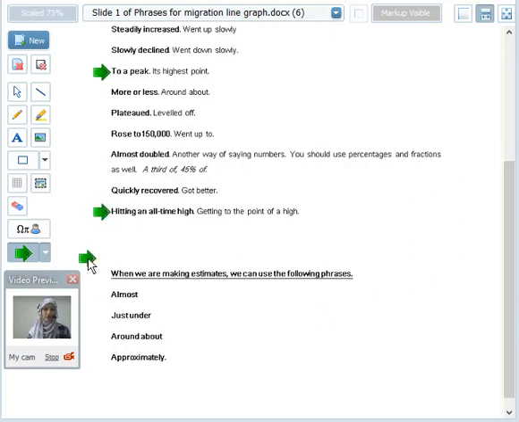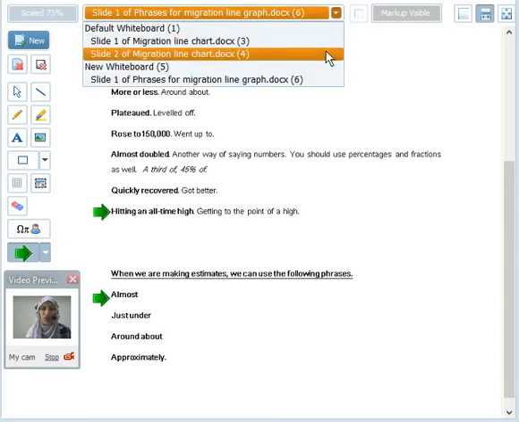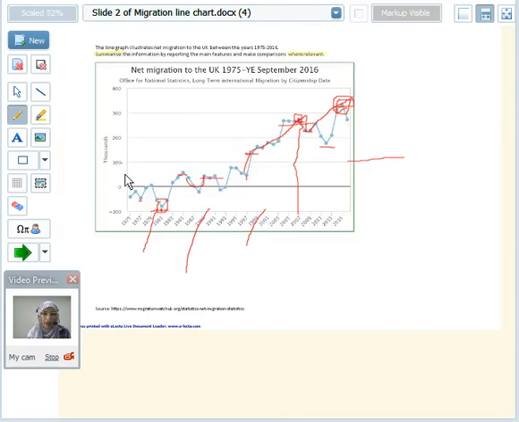So when we are making estimates, we can use the following phrases. So almost, just under, around about, and approximately. These are nice phrases to use when you're talking about numbers, or when you're looking at a migration chart like this and you're not so confident about the numbers in between here.